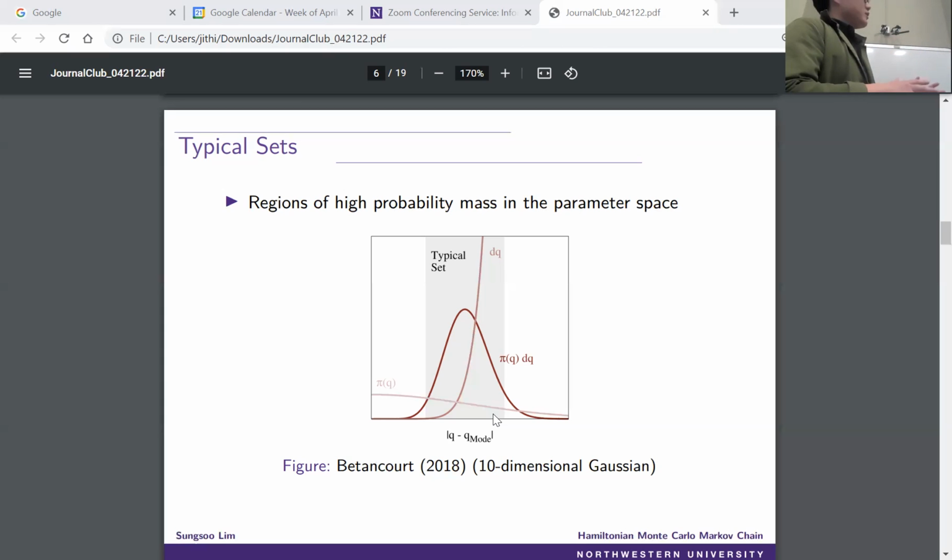And then as you go away from the mode, the volume increases. But I don't know why it is increasing. Yeah, probably because most of the Q are around the mode, right? So the spacing will be more away from it, I guess. Right?